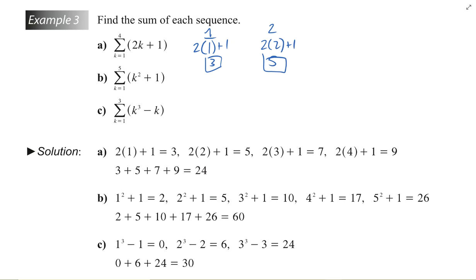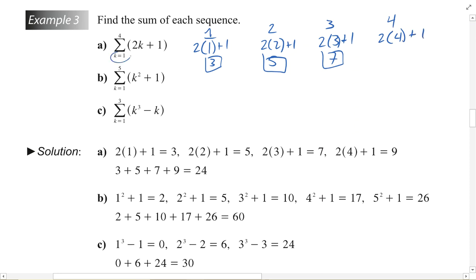Okay, so continuing then, the third term. Now k equals 3, and so we're going to get 2 times 3 plus 1, so 6 plus 1 is 7. And then for the fourth term, we're going to get 2 times k equals 4 plus 1. So I'm substituting the k value into the formula, and I get 8 plus 1, 9.